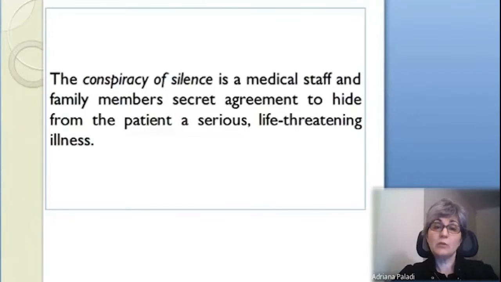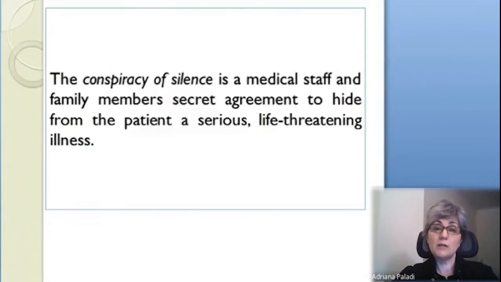Another subject which is very discussed in palliative setting is the subject of conspiracy of silence. And the conspiracy of silence is a medical staff and family members' secret agreement to hide from the patient a serious life-threatening illness.